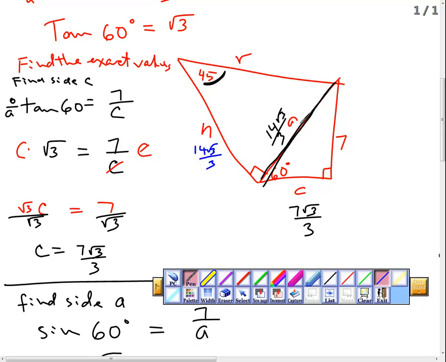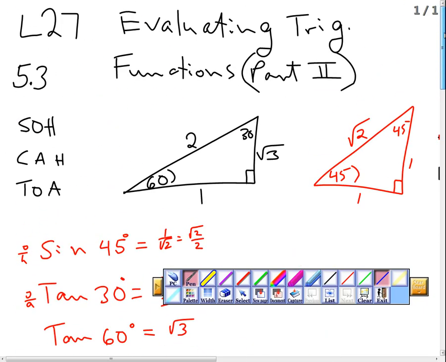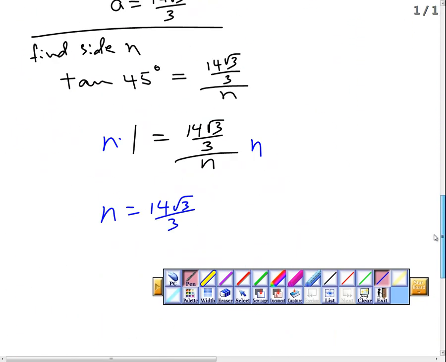Well, whether you use sine or cosine really doesn't matter because it's the same, right? So let's use cosine. We're going to find side r.